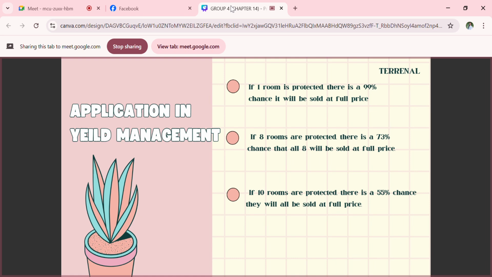Second, if 8 rooms are protected, there is a 73% chance that all 8 will be sold at full price. And if 10 rooms are protected, there is a 55% chance they will all be sold at full price. Next slide, please.